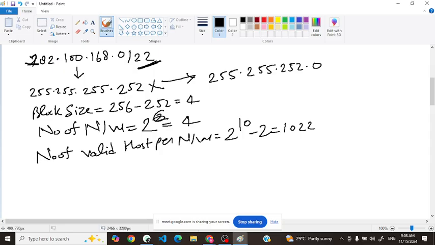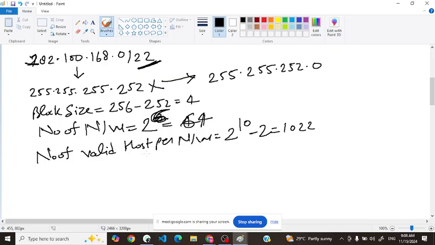Abdul, you are making a lot of mistakes. You are not following the formula. You people have to write down these formulas, whatever I have told you, on a page.